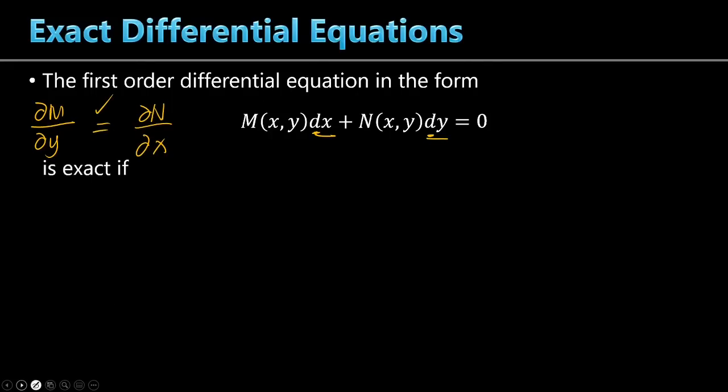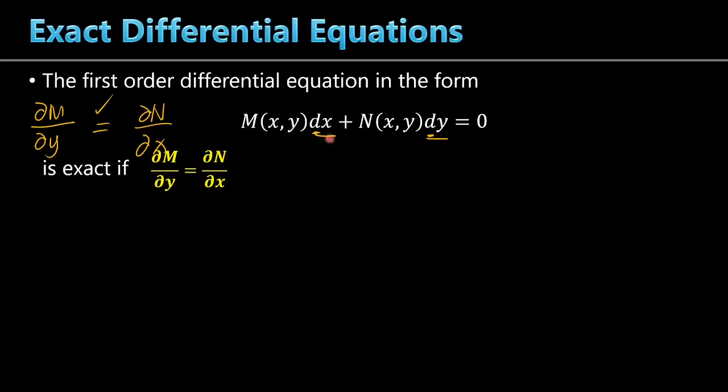So once again, the first order differential equation in this form, which is called the differential form, is exact if and only if the partial derivative of m with respect to y is equal to the partial derivative of n with respect to x. So here, m is the coefficient of dx and n is the coefficient of dy.